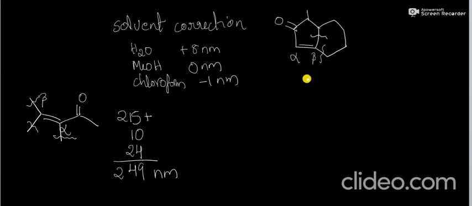So basic value is 202 nanometer. So 202 plus 2 ring residue. So 12 into 2, so 24. Then here this double bond is exocyclic to this ring. So plus 5 nanometer. Totally we get 231 nanometer.